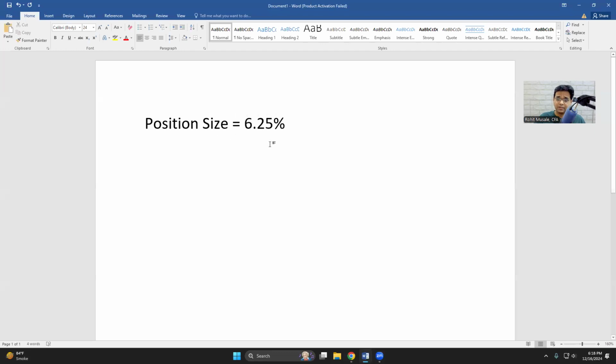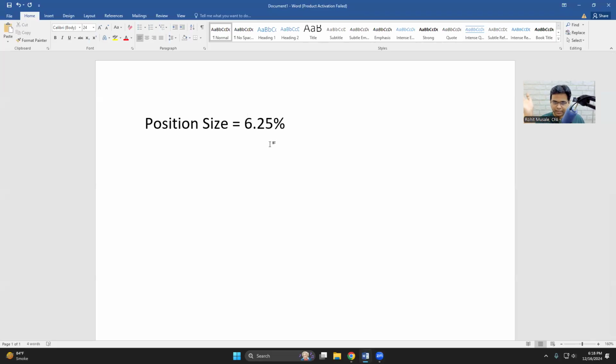What is position size? It is the percentage of your portfolio which you choose to invest in a particular stock. So let's say you have a $100,000 portfolio. Out of that $100,000, you will choose to invest $6,250 in a particular stock.